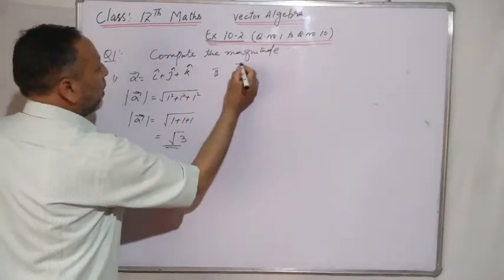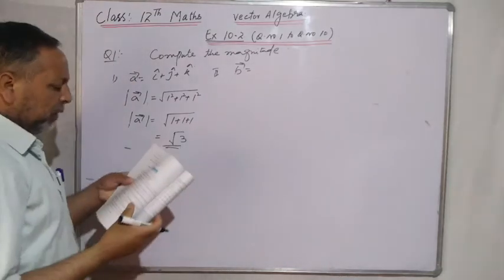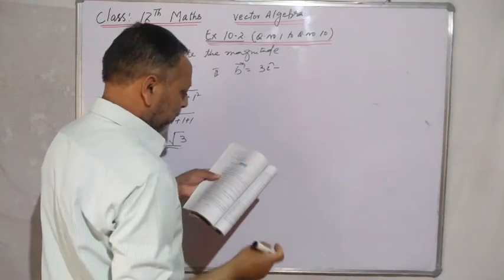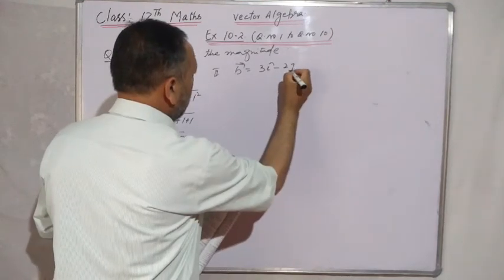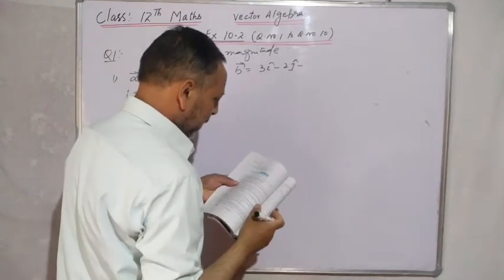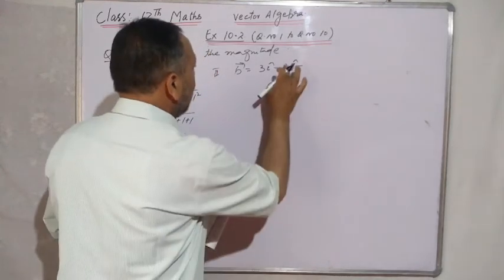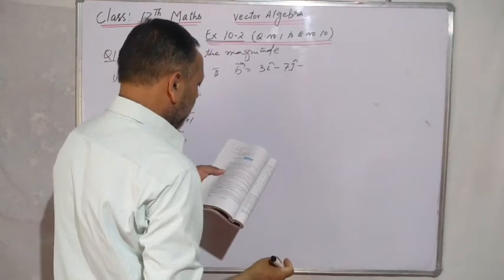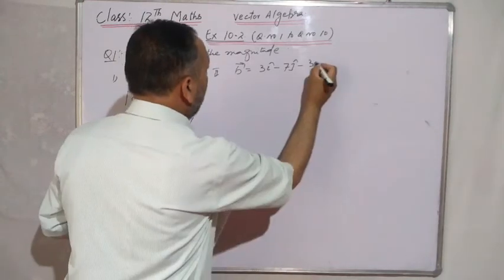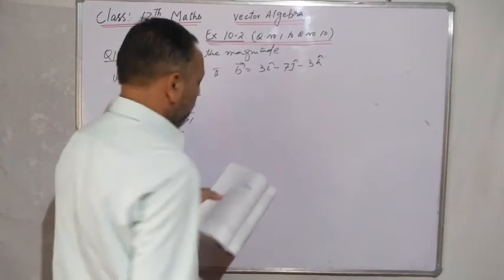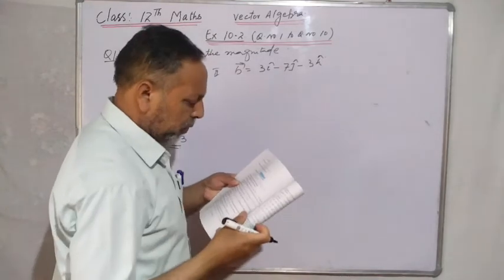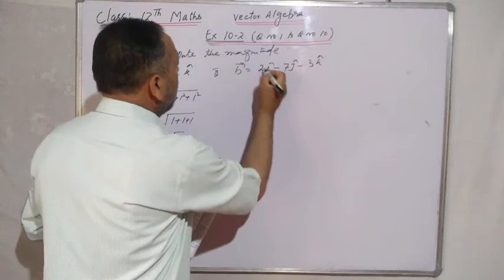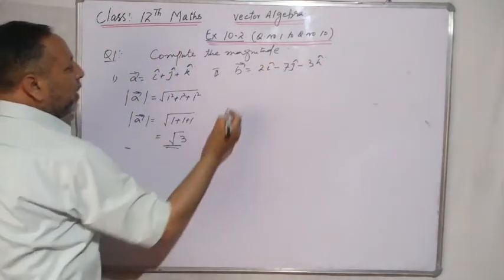Second part, vector B. It is given that it is 2i cap minus 7j cap minus 3k cap.